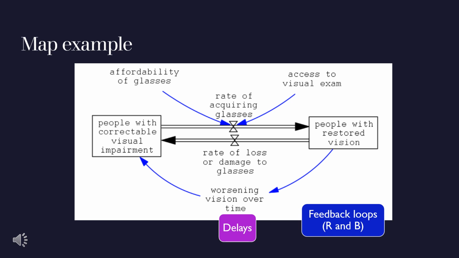So people aren't just moving from one stock to the other in this map and staying there forever; they're continuing to move, and there are new dynamics at play around how many people are able to maintain that quality of vision. There are many considerations in order to move from supporting someone getting glasses one time to having quality vision throughout their lifetime.